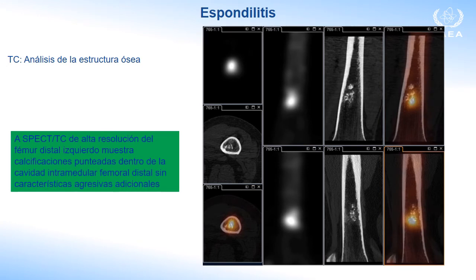Another example is the spondylitis. Again, the CT can help to see the analysis of the bone structure. Here, clearly, this lesion corresponds to a benign lesion.